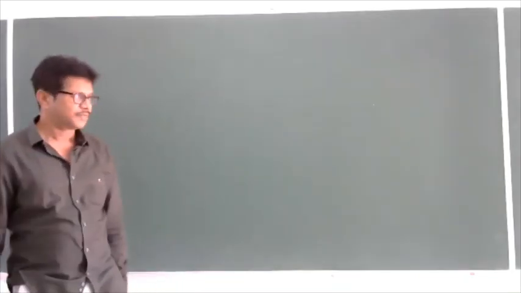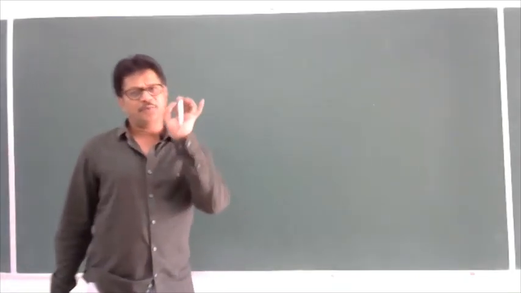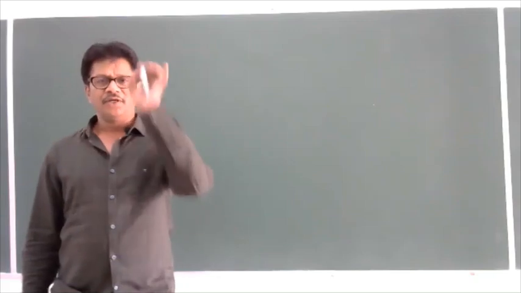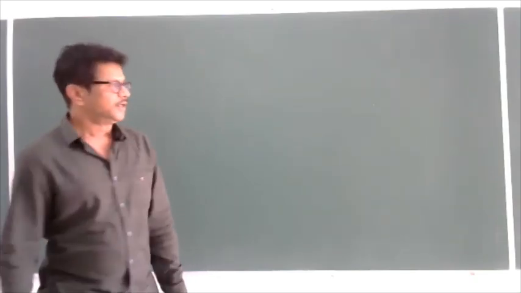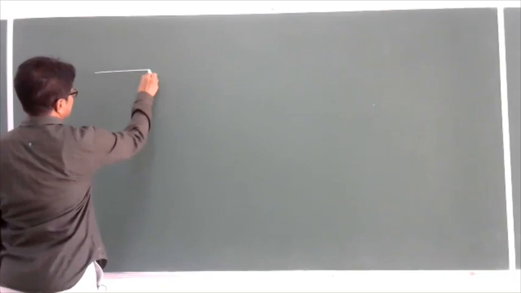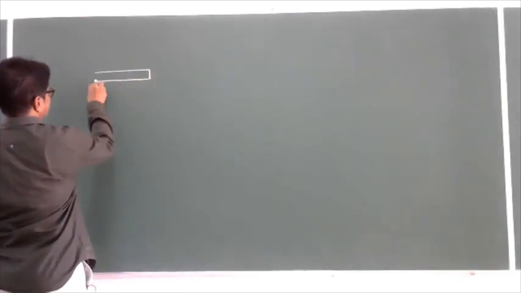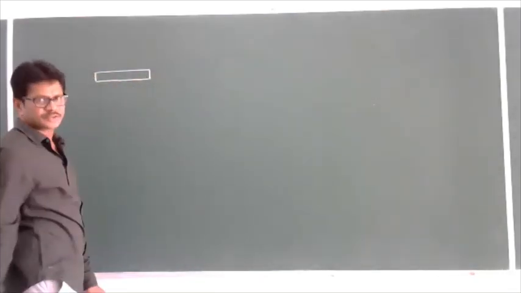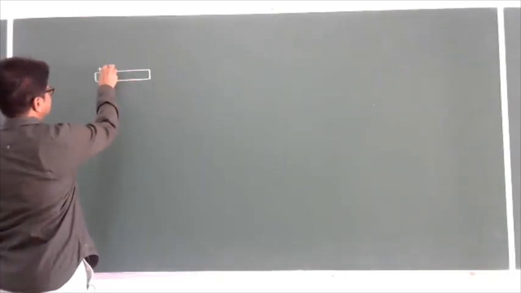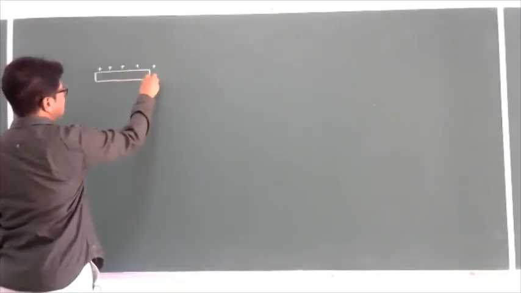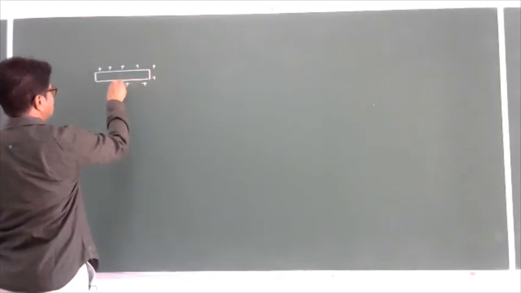Whereas, if the charge is not a point charge, if the charge is distributed uniformly, for example, say I'm considering one metal rod or something else. Now the charge is distributed uniformly like that. The entire charge Q is distributed like this.